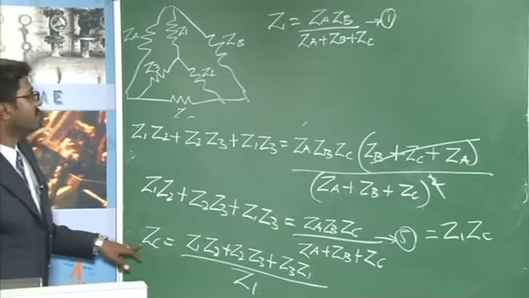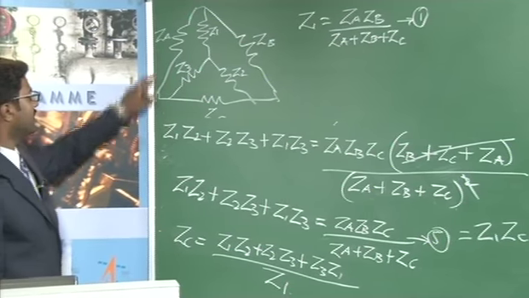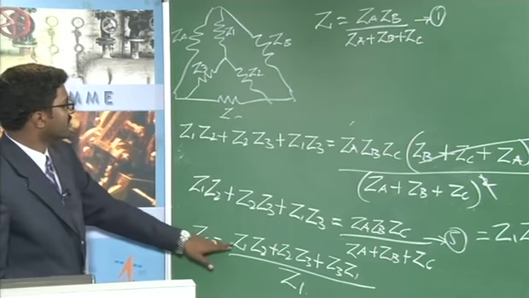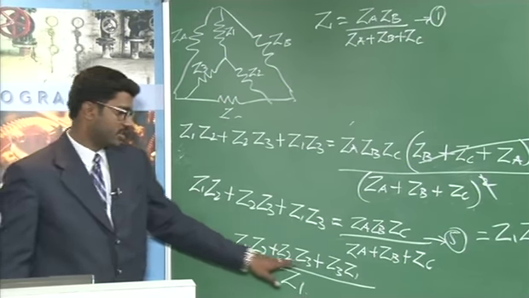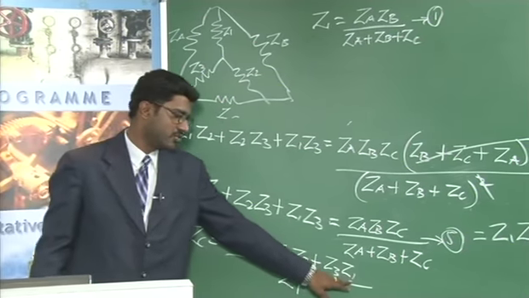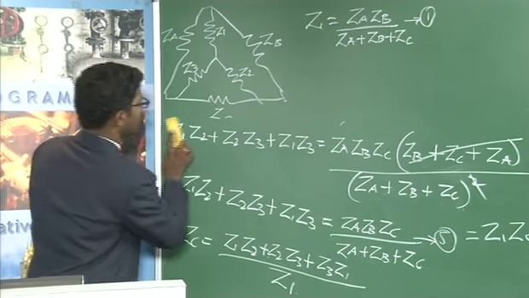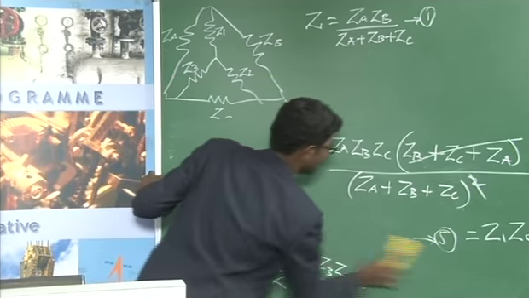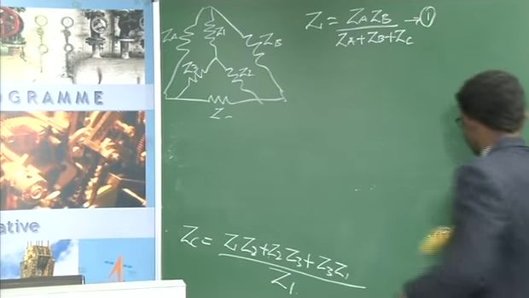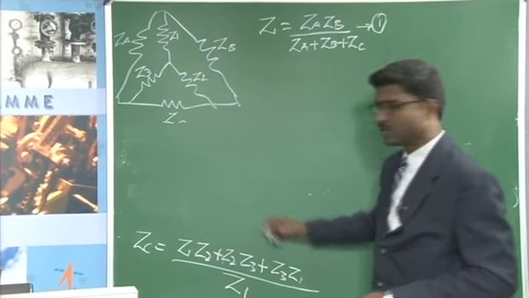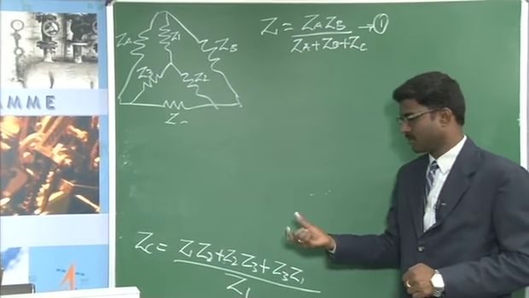That is nothing but, if you want to find out the equivalent delta network terminology, ZC will be equal to Z1 into Z2 plus Z2 into Z3 plus Z3 into Z1 divided by Z1. So, in simple terms, if you want to find out the delta network impedance ZC, then you need to take a summation of all two possible combinations.